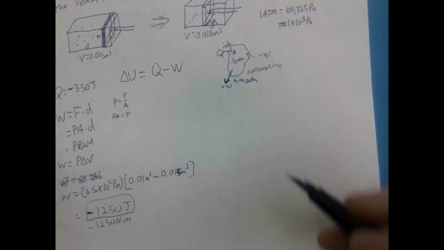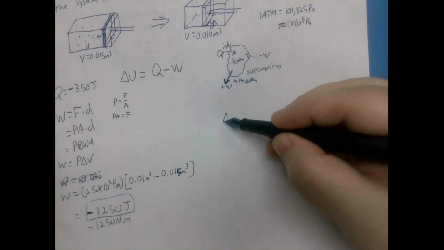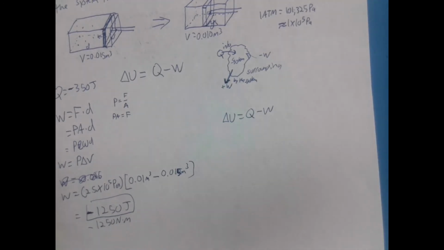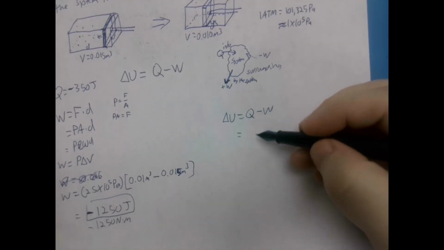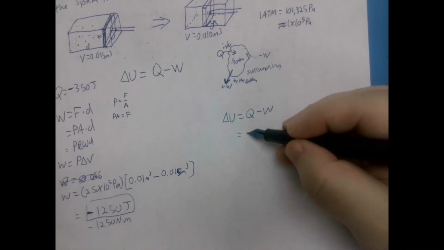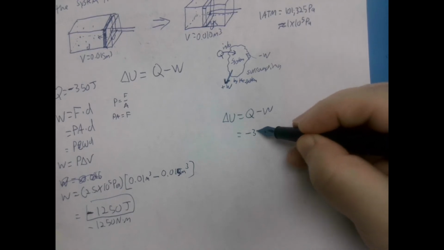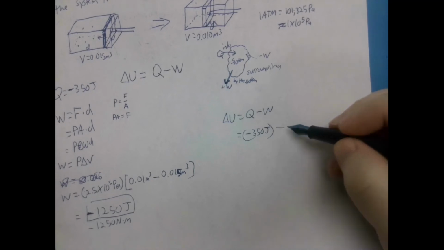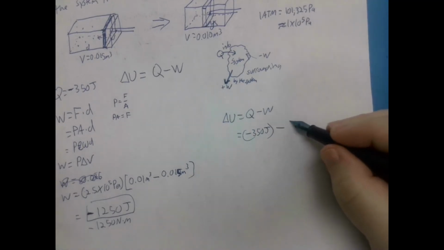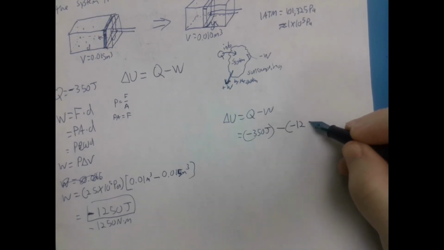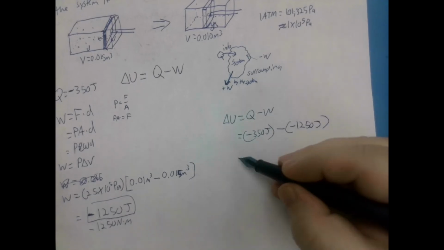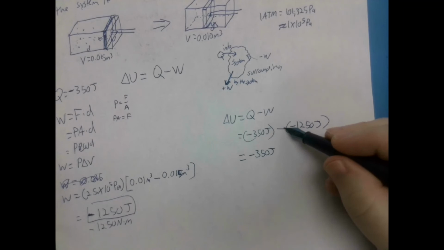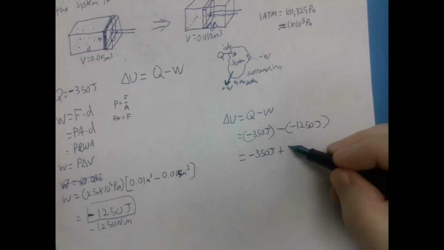So what is the total energy done by the system? Well, we know Q is negative 350 joules, and minus the work, which we calculated, negative 1,250 joules. This is equal to negative 350 joules, negative and minus, make it plus.